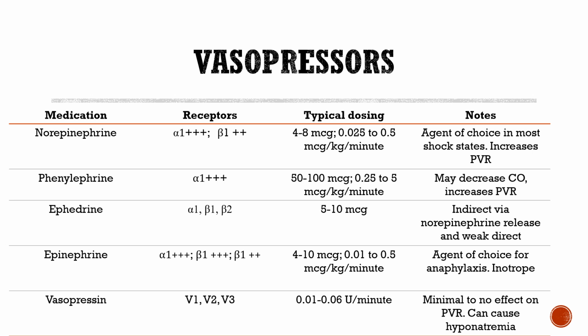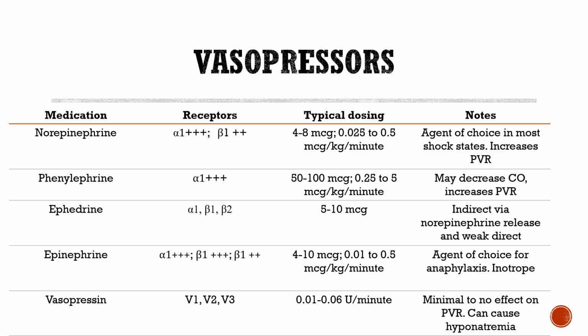So let's talk about vasopressors. On this slide, you'll see the most commonly used vasopressors in clinical medicine and anesthesiology. Most of these vasopressors act on some form of adrenergic receptors, such as, for example, alpha-1 and beta-1 for norepinephrine, and, for example, only alpha-1 for phenylephrine.